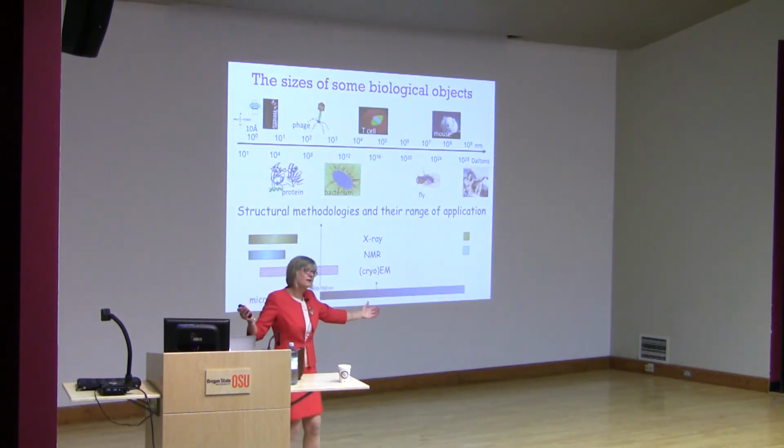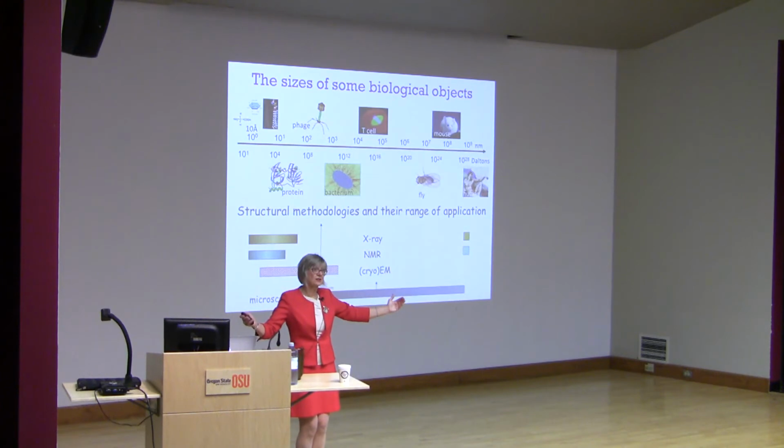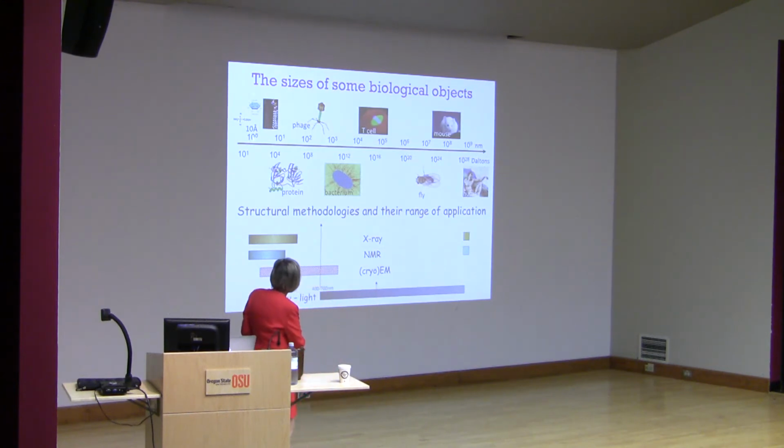So if you look at the whole range of biological objects that are in front of us, they span a huge scale. Just thinking about the linear scale going from, let's say, an amino acid at 1 nanometer to 1 billion nanometers. This is a ginormous scale.